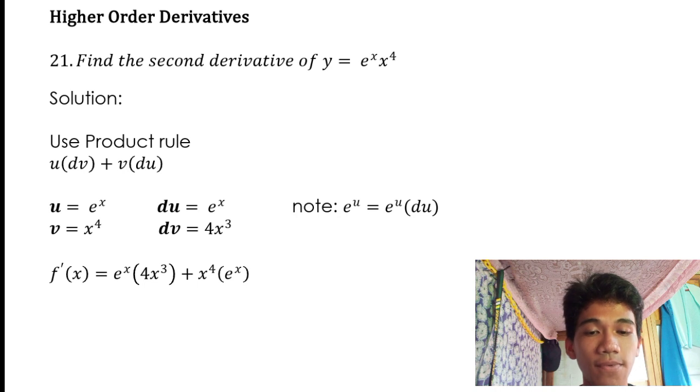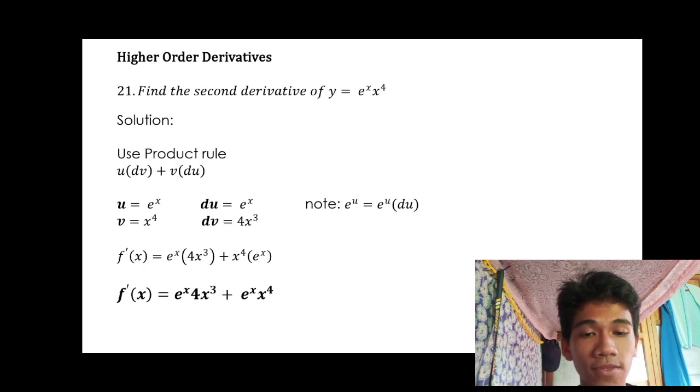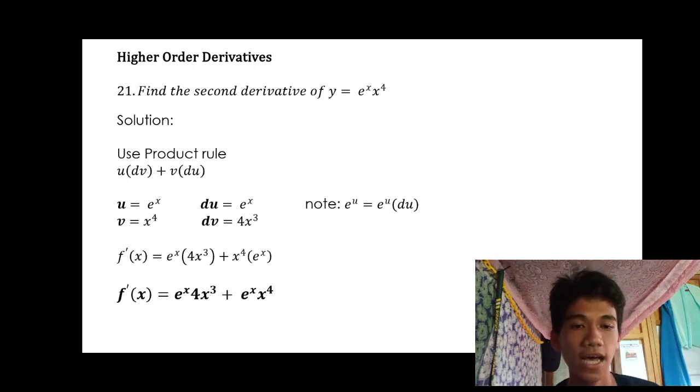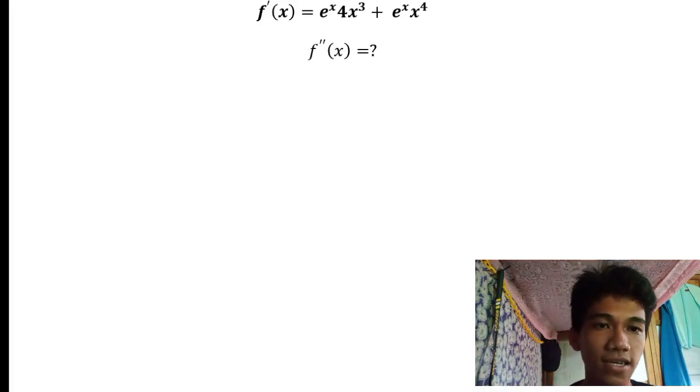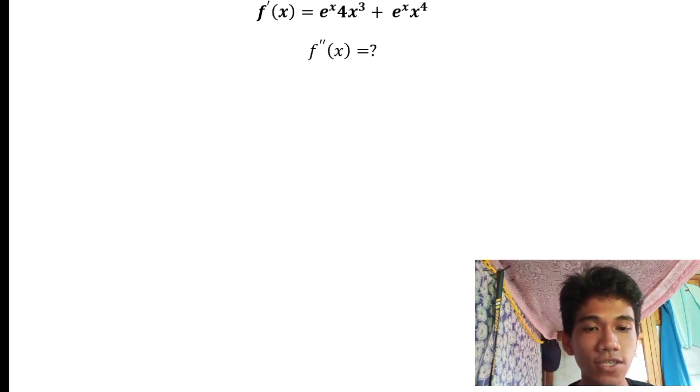So we have the first derivative of y, which is e raised to x 4x cubed plus e raised to x times x raised to 4. After that, we have the first derivative, so we're going to find the second derivative.